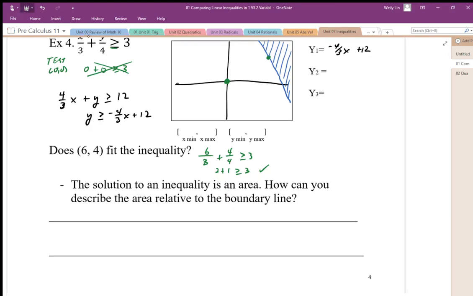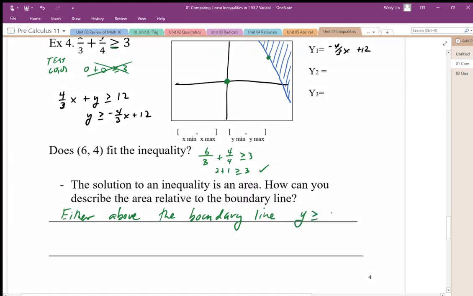I'm going to write it this way: it's either above the boundary line, and that's when y is greater than or equal to, or y is greater than, our function, and or below the boundary line, when y is less than or equal to, or y is less than the boundary line.